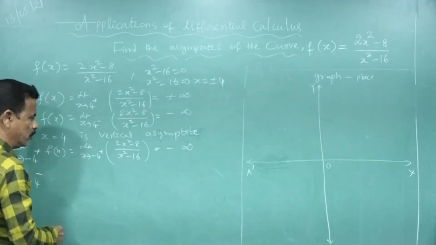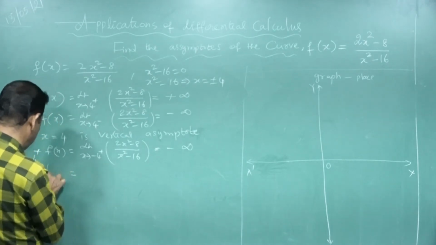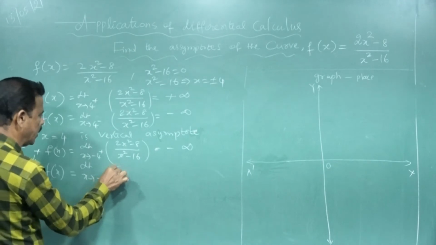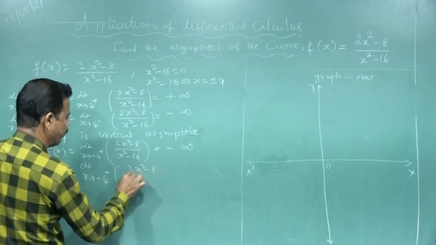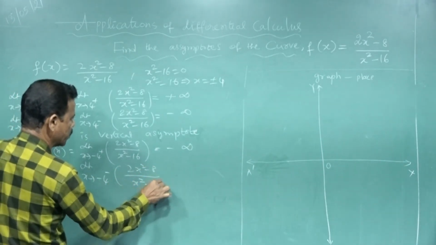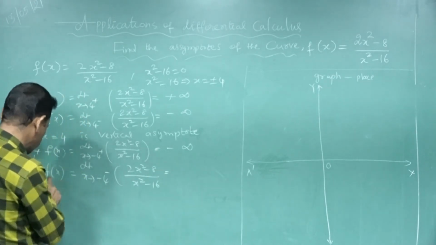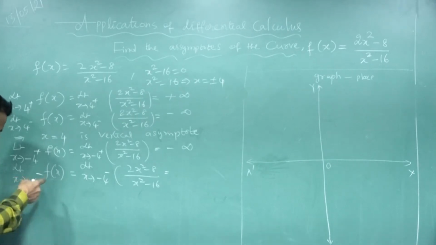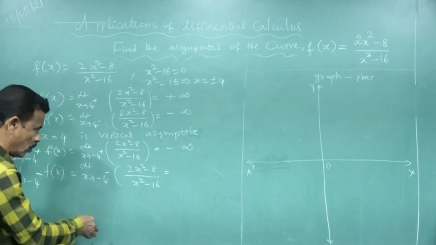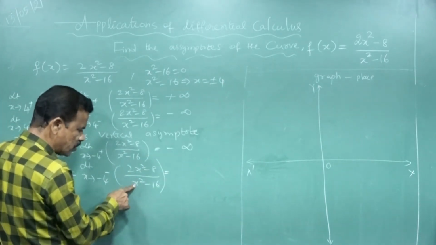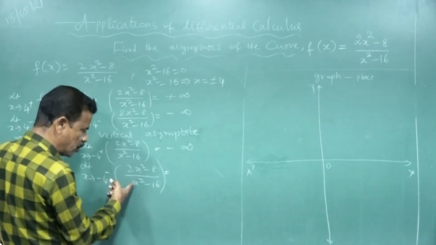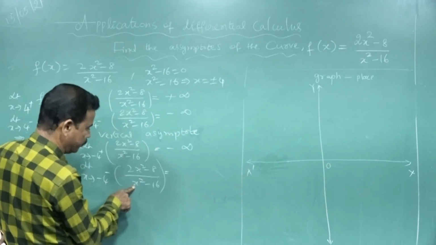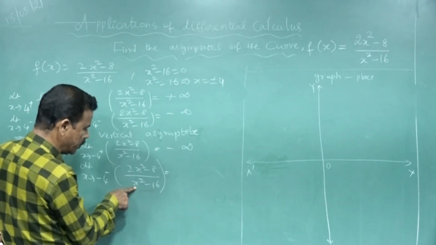Then the limit as x tends to minus 4 minus of (2x² − 8)/(x² − 16): minus 4 minus is a value below, like minus 4.1. So compared to 16, the square is also positive, a bigger value coming, slightly above 16.